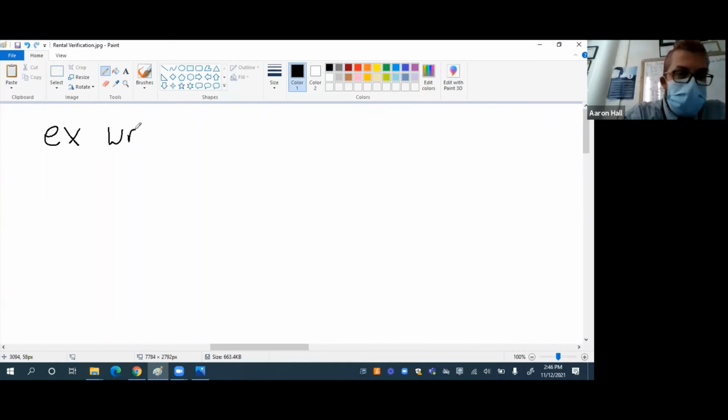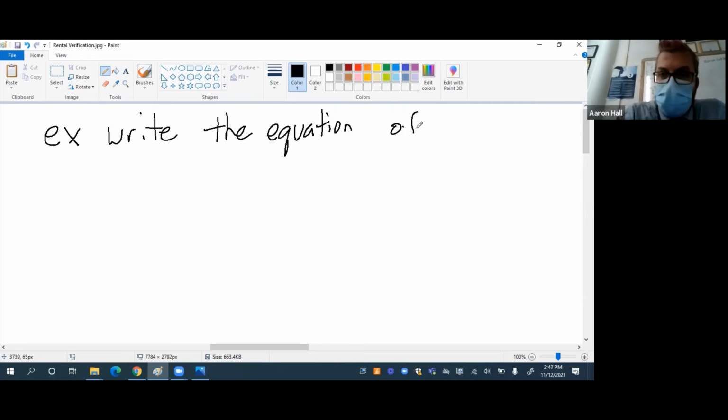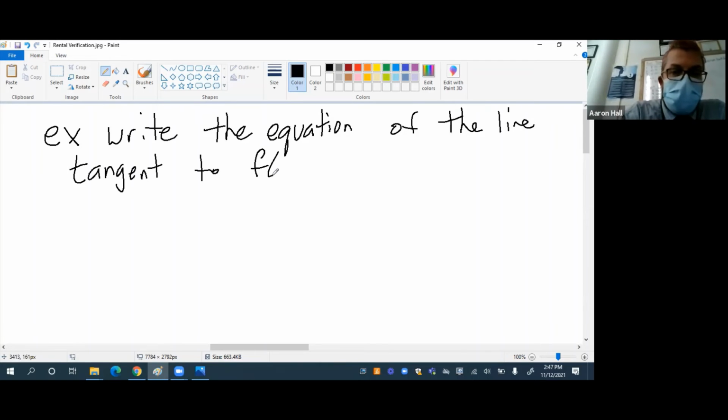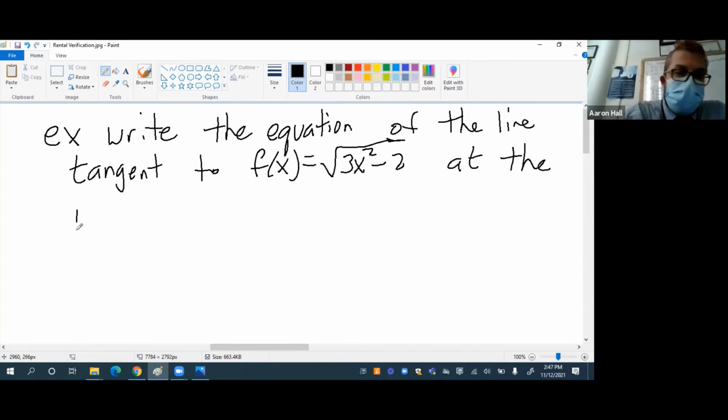I want to write the equation of the line tangent to f of x equals the square root of 3x squared minus 2 at the point where x equals 3.